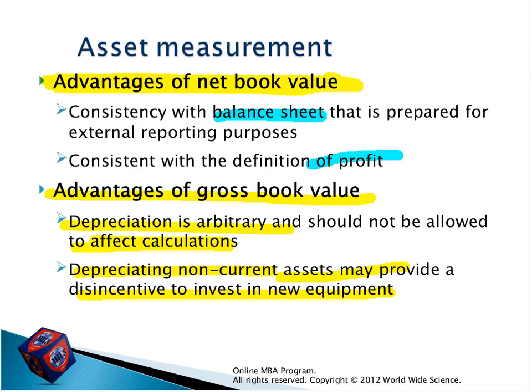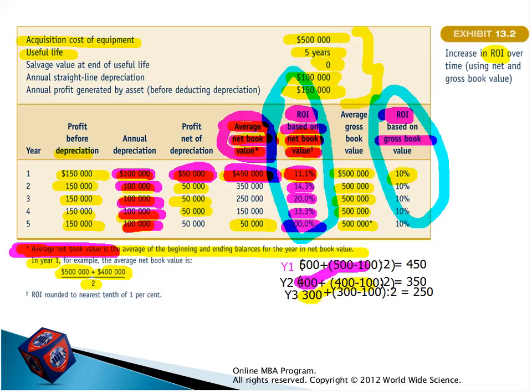It says that depreciation should not be allowed to affect the calculations, and depreciation of assets may also provide funds for new investment in other new equipment. So the companies use one of those methods, based on the gross book value or net book value.